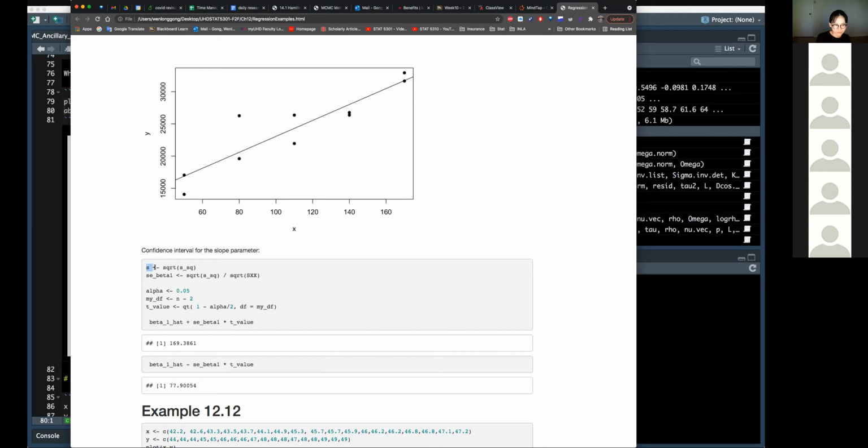So again, these are the elements to eventually get our test statistic. Sorry, my brain stopped working. Not test statistic, we're doing a confidence interval for the slope parameter.